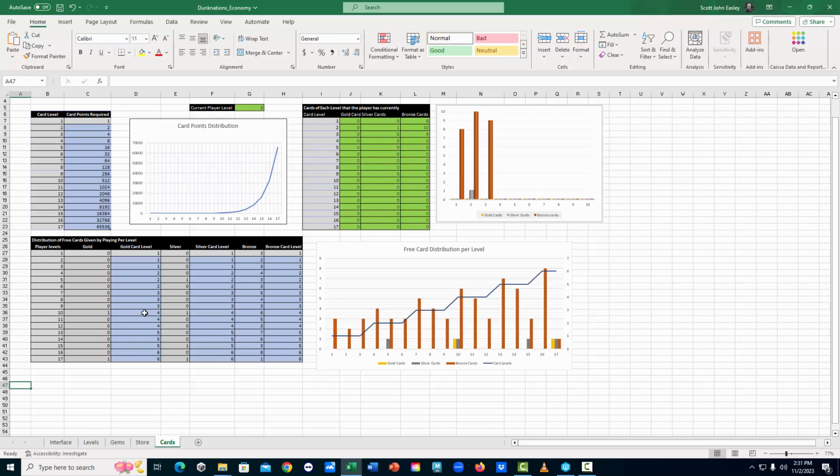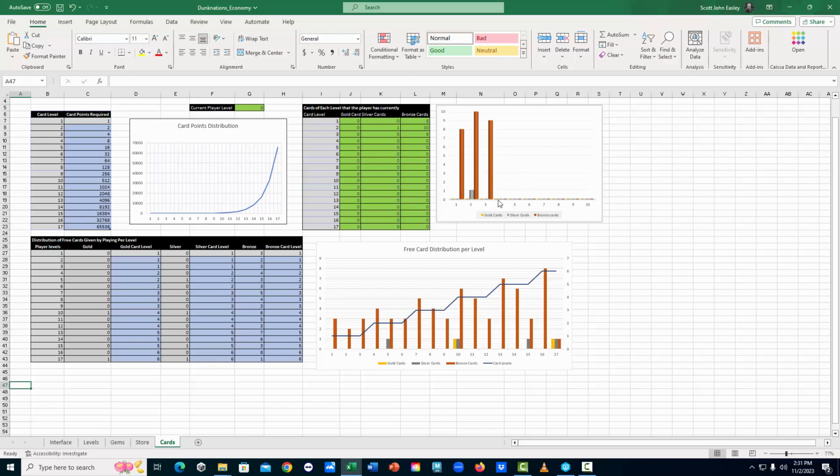Now we've given two silver cards by now, at the 5th level and 10th level. So one silver card of 2nd level and one silver card of 4th level, and that's what he has. And the last is bronze cards of different levels. And the distribution is over here on how the player has different types of cards at his particular level.